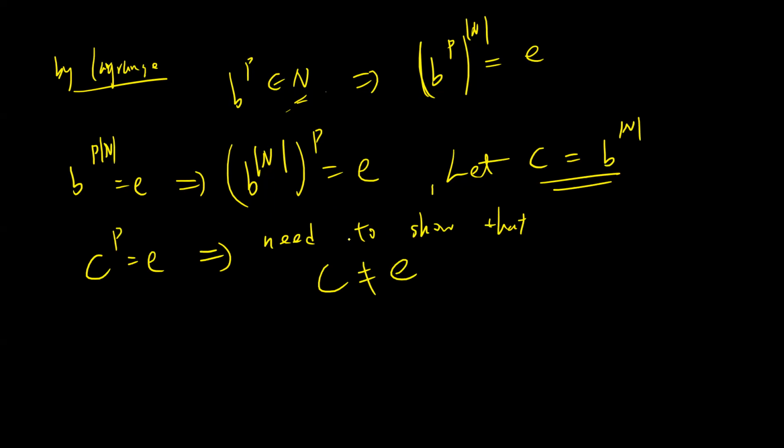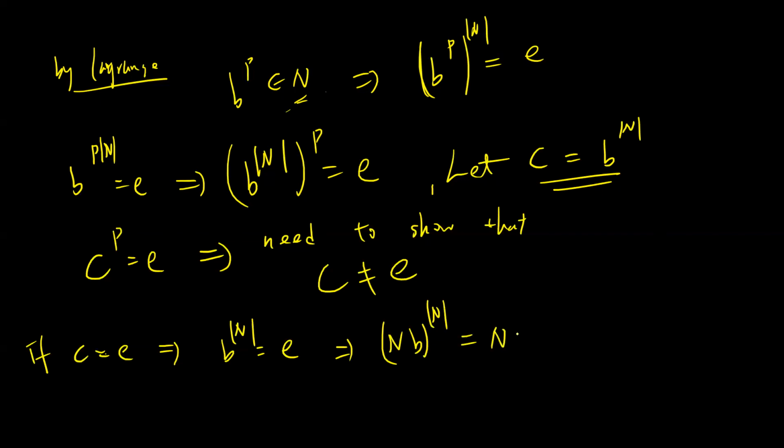So let's see, if c is the identity, that tells you that B to the n is the identity. But if B to the n is the identity, that means Bn n will be n, and this is B to the n.